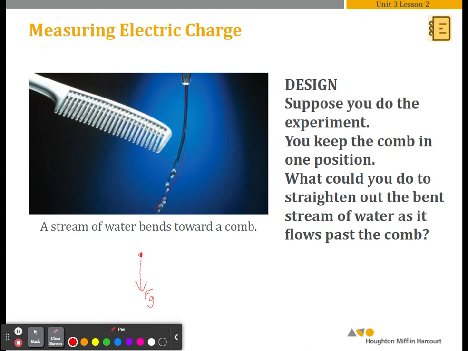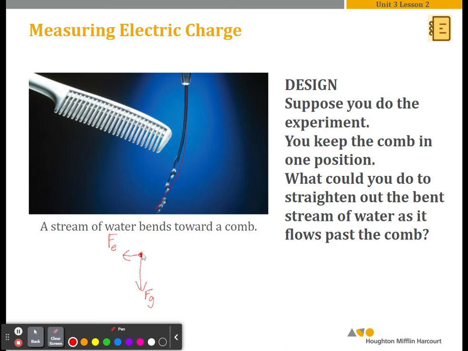Then there's the force. The comb is clearly applying a force because the water is bending toward the comb. It's accelerating toward the comb. So we'll call this force F_E, electrostatic force.